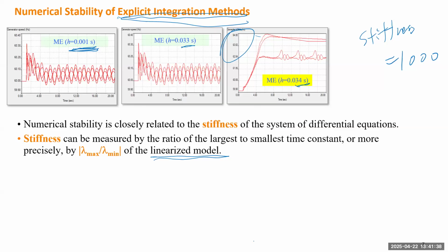But because the system also has very fast dynamics, governed by the smallest time constant, your time step needs to be small enough to track the fastest dynamic. So on one hand, you have a very large simulation period. On the other hand, you have to take a very small step. That gives you some challenge to simulate. That's why this can be evaluated based on the stiffness of the system.